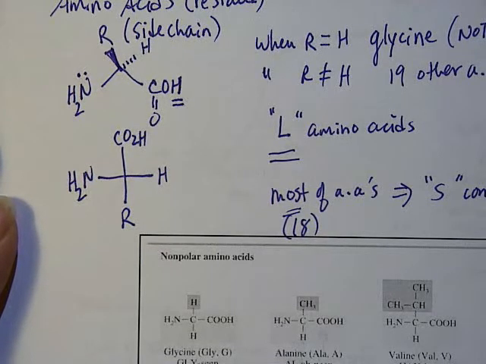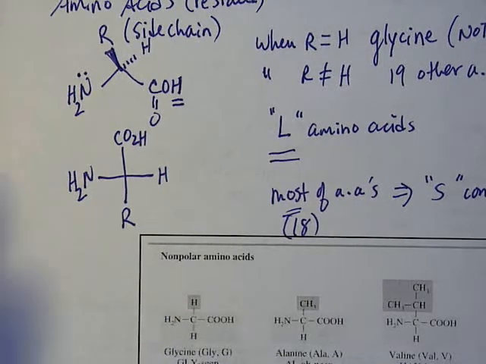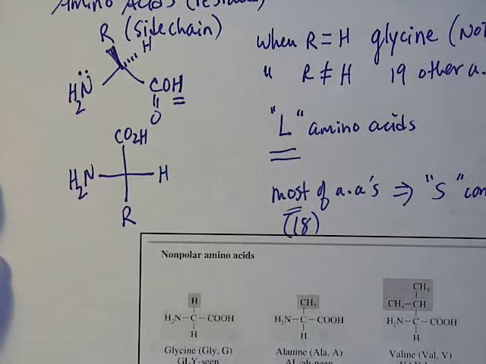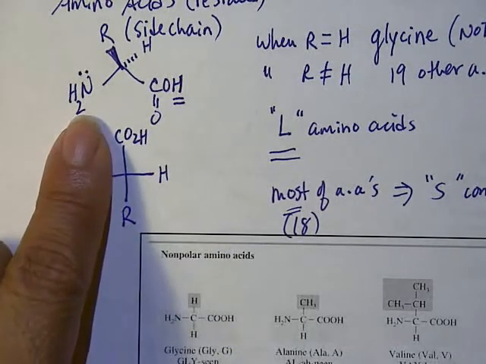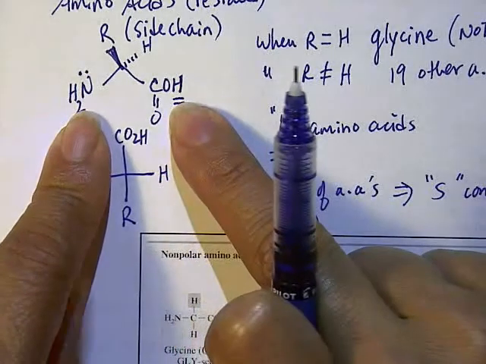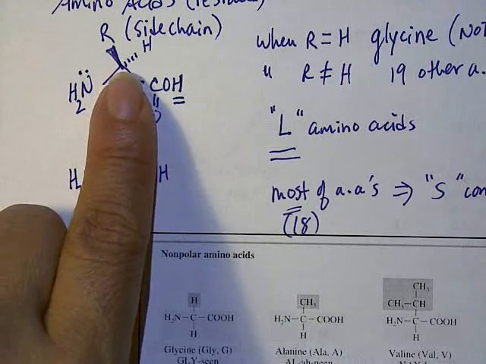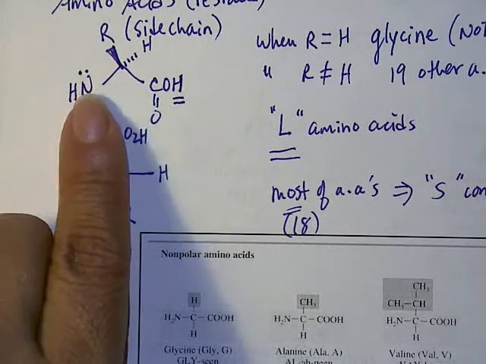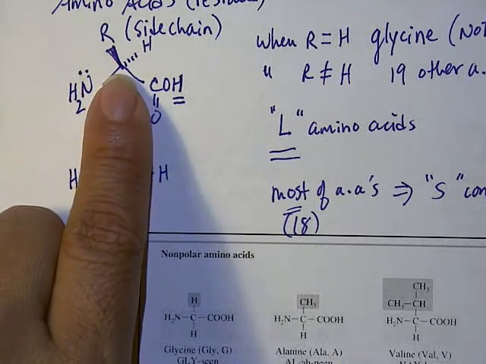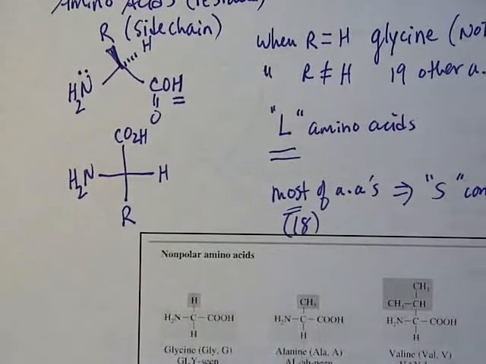Amines, as you know, are basic. The lone pair on the nitrogen is able to grab an acidic proton. So obviously, when a basic functional group and an acidic functional group exist side by side, only one carbon away, they're not going to stay that way, but they are going to do acid-base chemistry.